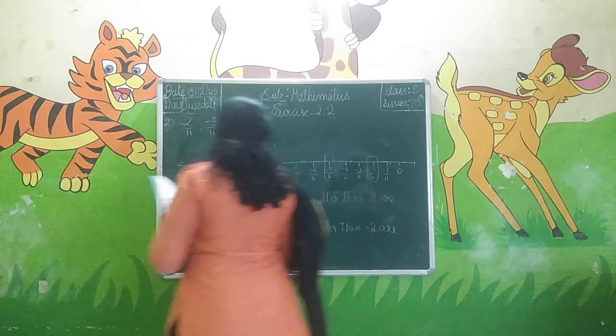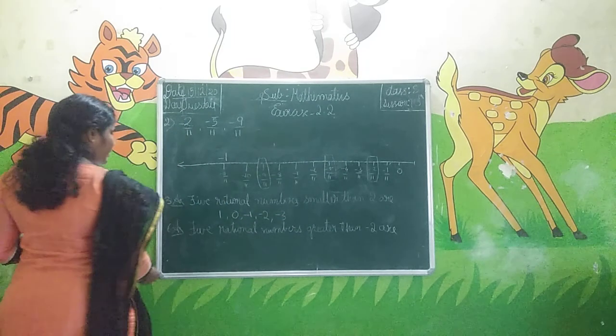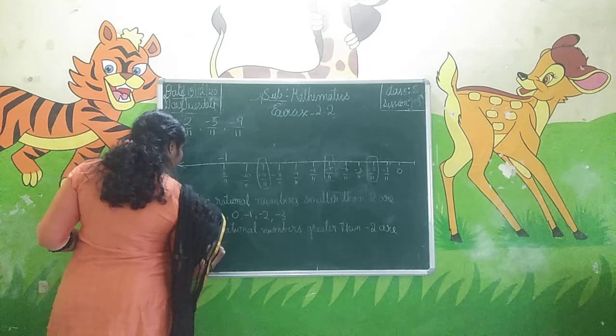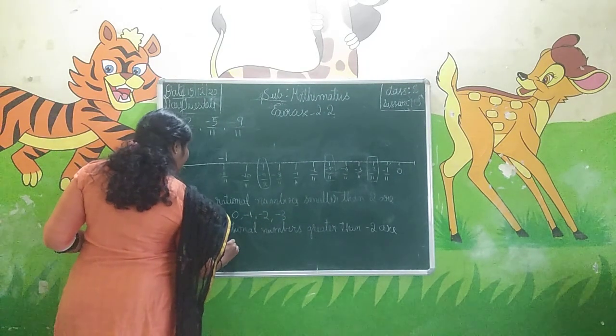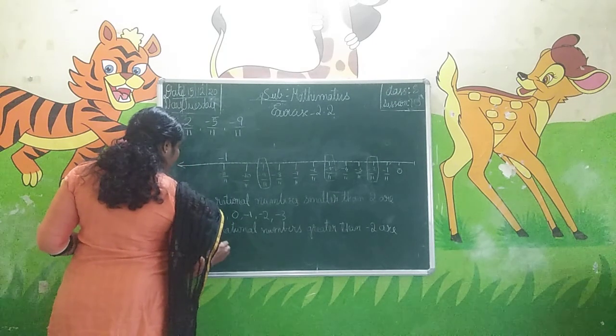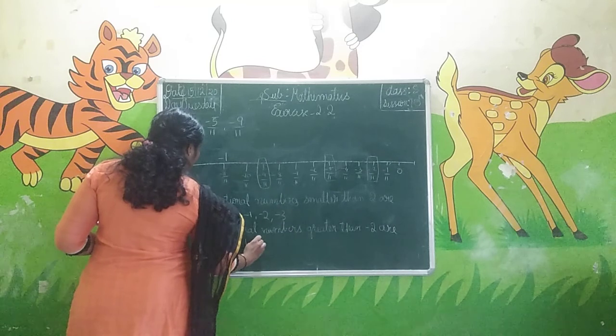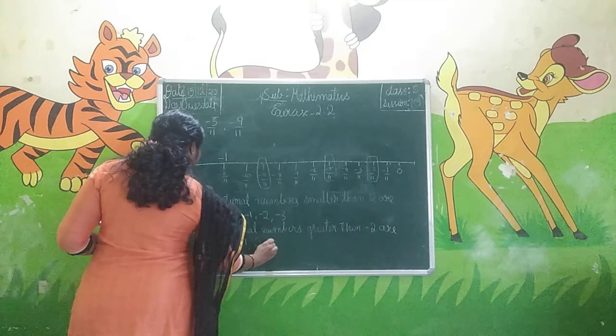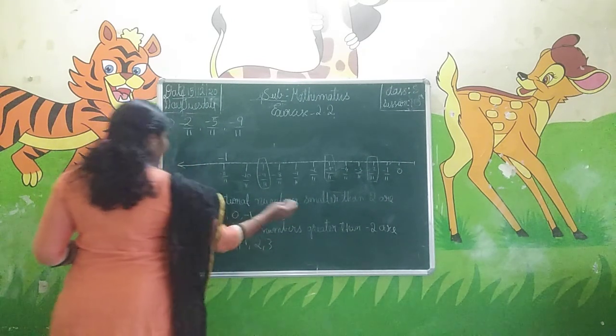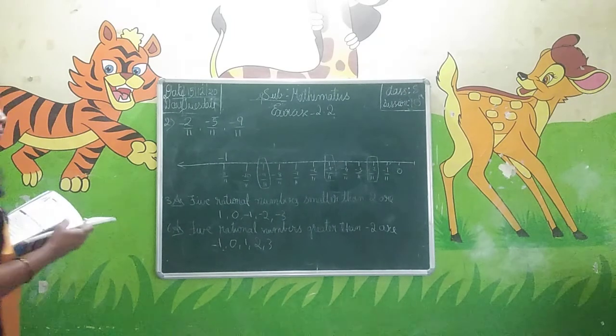Okay. Then after minus 2, what are the numbers you will get there? Minus 2 we can't take. We take it as minus 1, 0, 1, 2, 3. Okay, these are the numbers which are greater than minus 2.